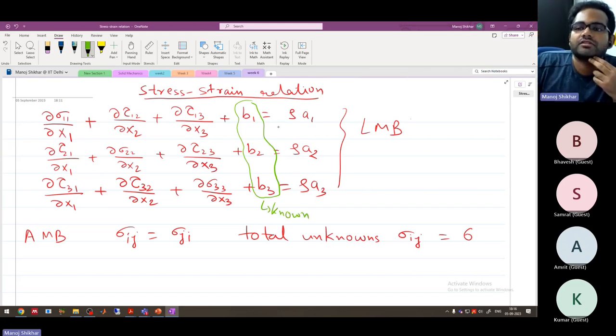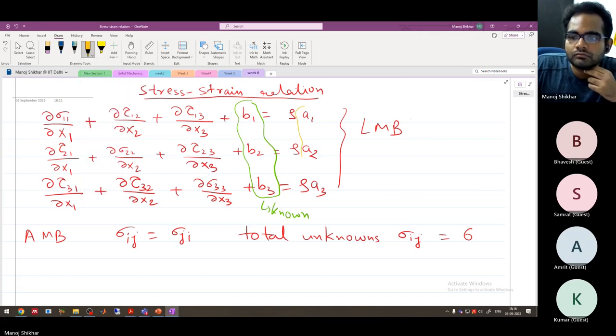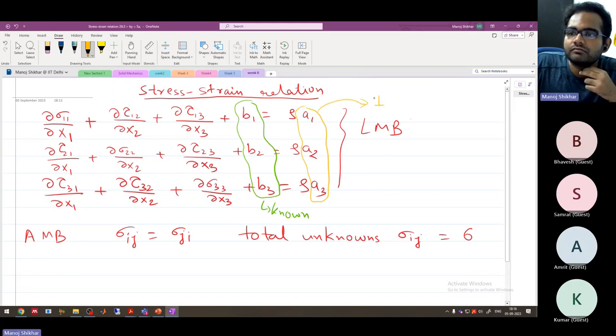And you will write accelerations in terms of displacement. You can write these in terms of displacement.